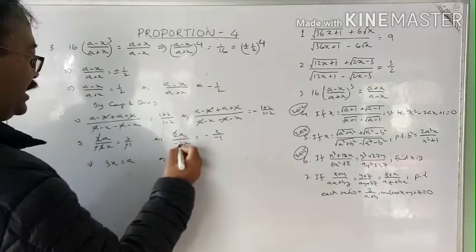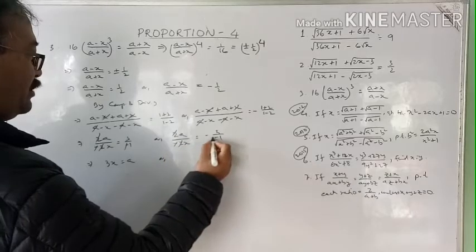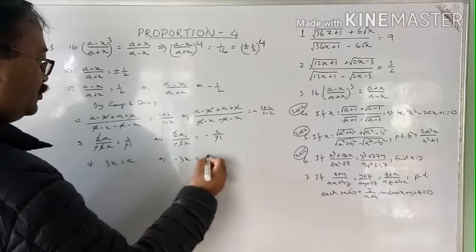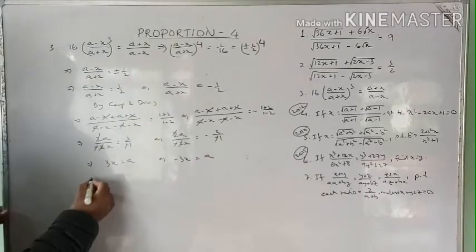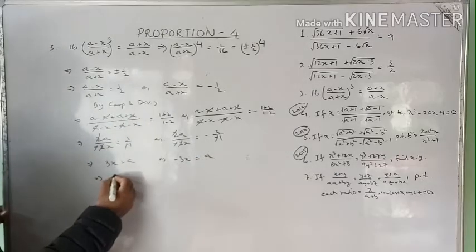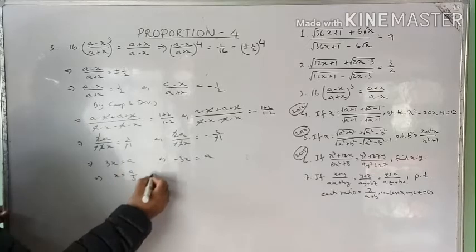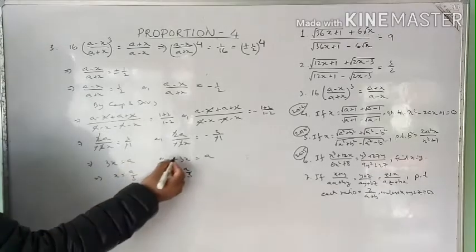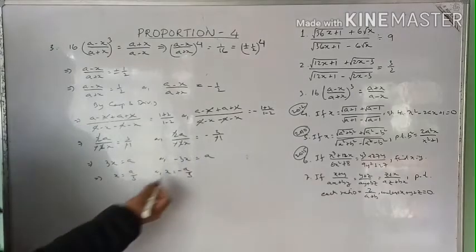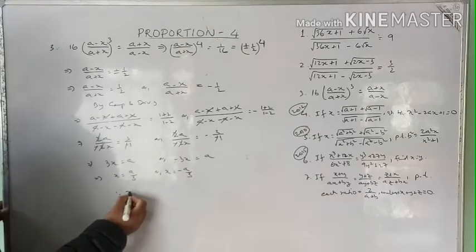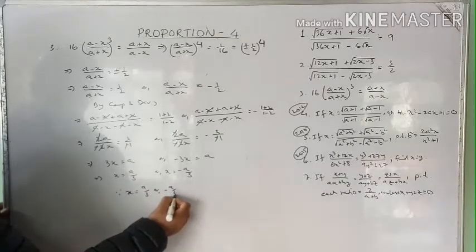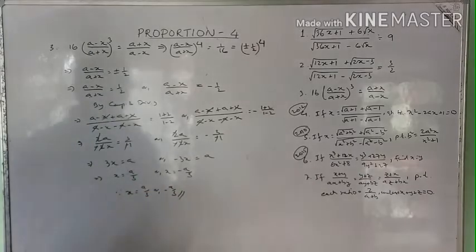Or here, this minus and minus also cancelled, so you get minus 3x equal to a. So this will give you x equal to a by 3, or x equal to minus a by 3, because minus 3 will divide here. So it becomes minus. So therefore x equal to a by 3 or minus a by 3 is the answer.